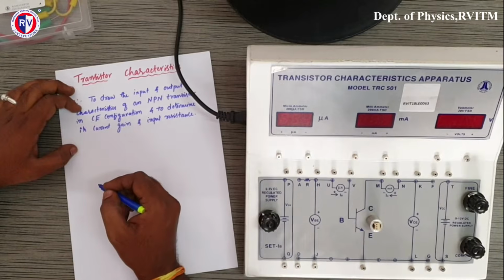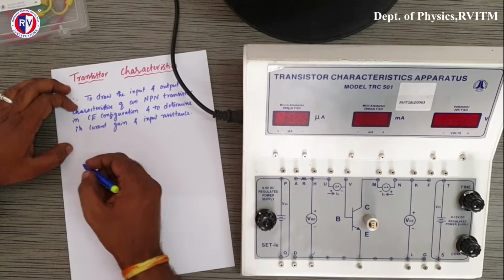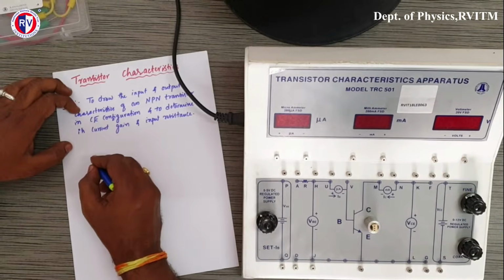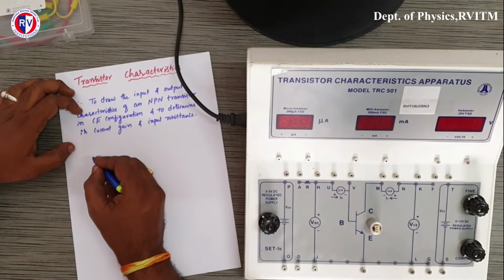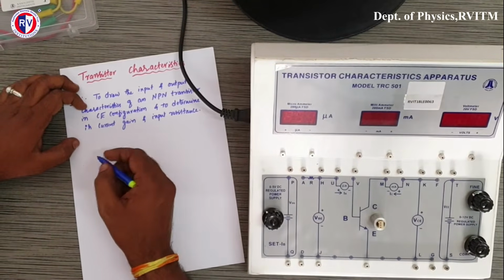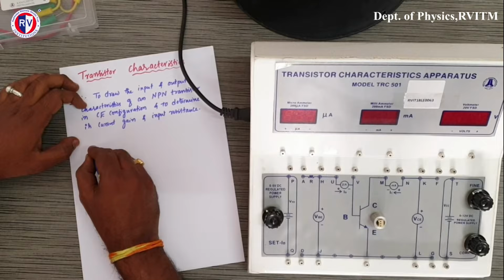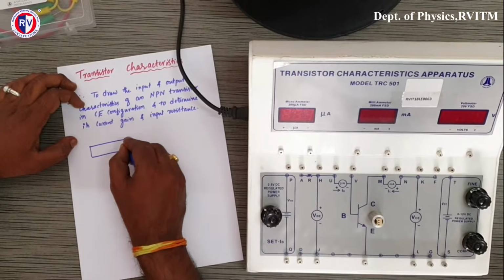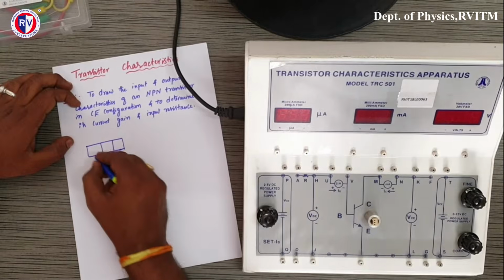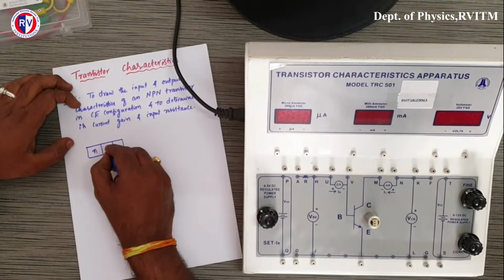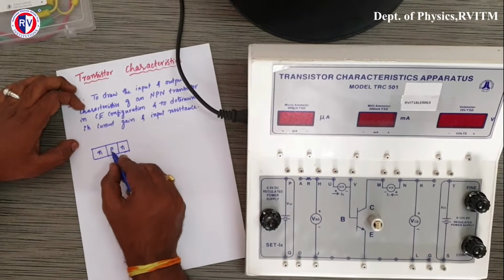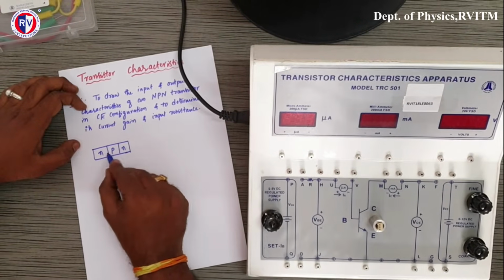So what is a transistor? A transistor is basically a three terminal device. You take a PN junction and take another PN junction, and you sandwich them, so it will be like this. This is a PN junction, another one is a PN junction, and sandwiched together they form two junctions.